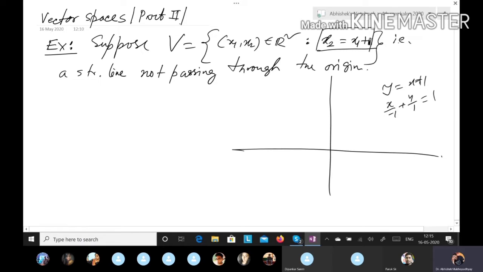So it is minus 1 comma 0 and 0 comma 1. Joining these 2 points, this is your straight line. So this is your V, and you see from the picture that 0 0 is not in the line.